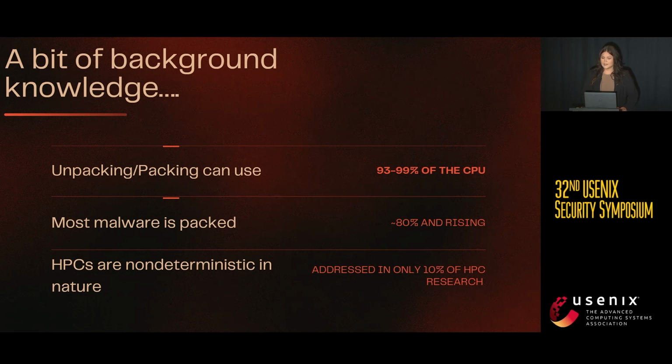This is because unpacking is tedious and time-consuming, but it is necessary to study malware, and it is also necessary when unleashing malware into the computer. In our study, we observed that an unpacking algorithm can dominate a CPU by 93 to 99%. This means bottlenecking is a common trait in unpacking.